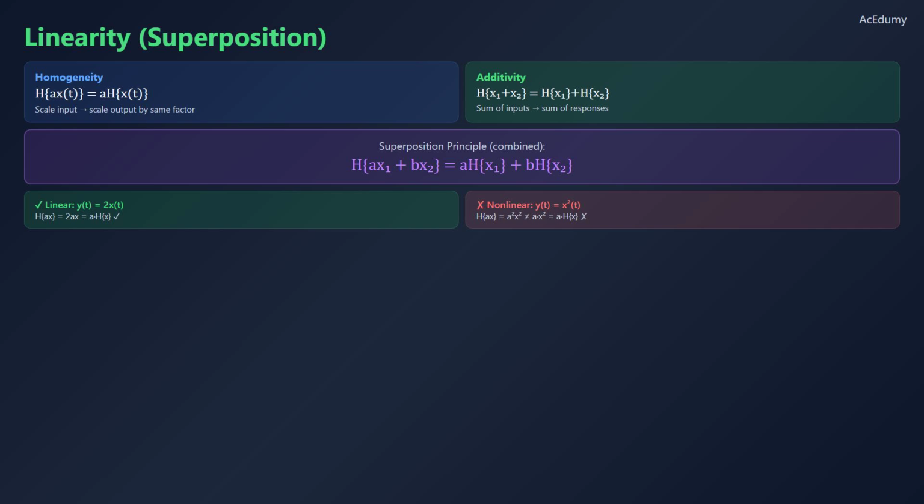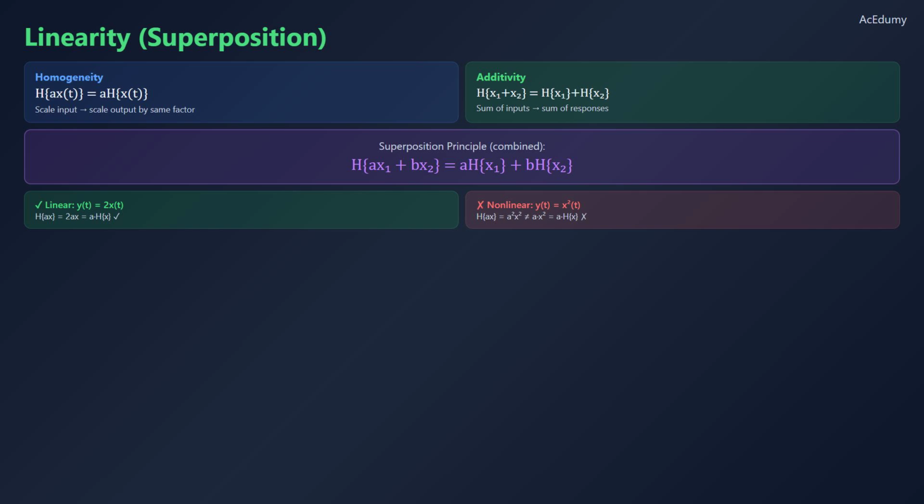Additivity means the response to a sum of inputs equals the sum of the individual responses. H applied to x1 plus x2 equals H of x1 plus H of x2. Combined, superposition states H applied to ax1 plus bx2 equals aH of x1 plus bH of x2.